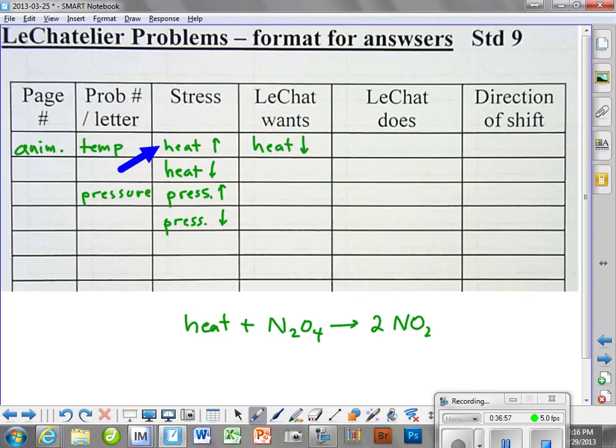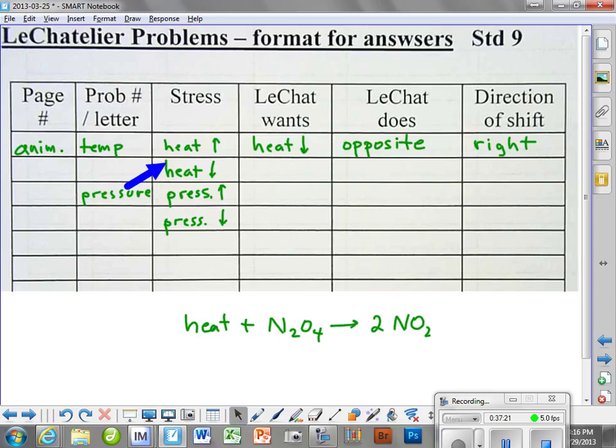To take the heat down, he has to go opposite to where the heat is. Now the heat is sitting right here, on the left side. So opposite of the left is right, and that's the direction of the shift.